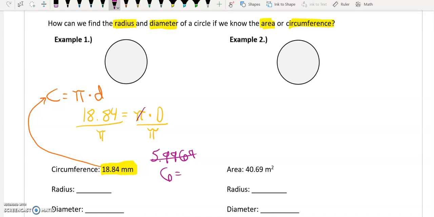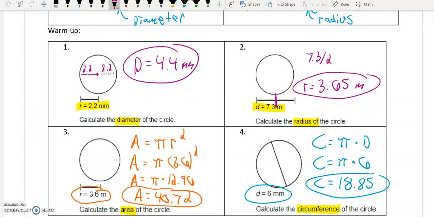Ultimately the pi's cancel out, leaving us with diameter on the right-hand side. And over here, 18.84 divided by pi should give us approximately 6. So down here under diameter, we got our diameter to be 6. Now, if we have diameter, how could I find radius?